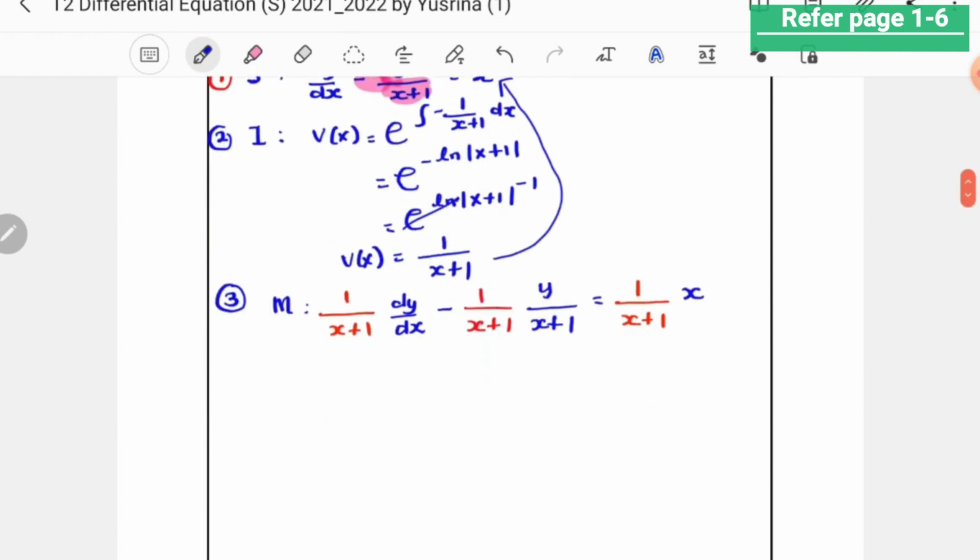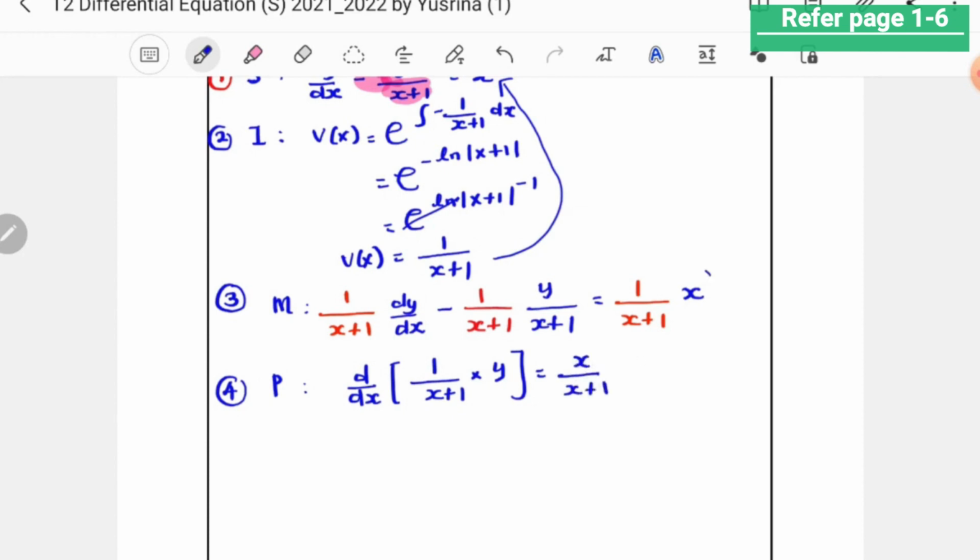And then step number 4 is P, the product rule. That means d/dx of V(x) multiplied by y. So your V(x) is 1 over (x plus 1) multiplied by y, equals the right hand side, which you just copy: x over (x plus 1).